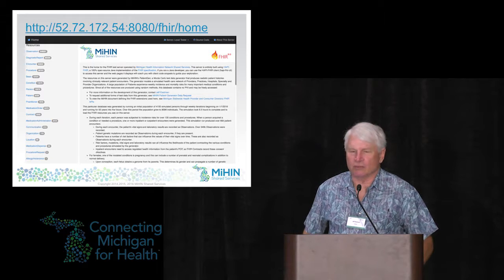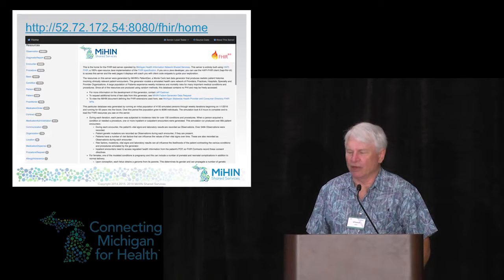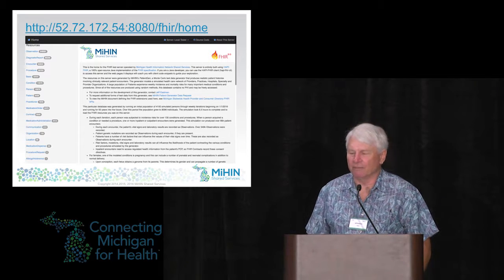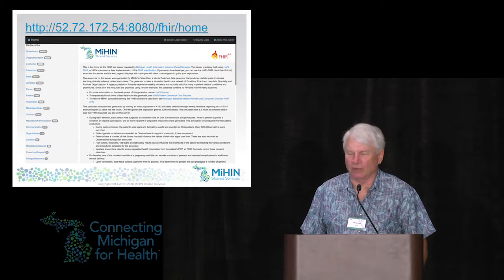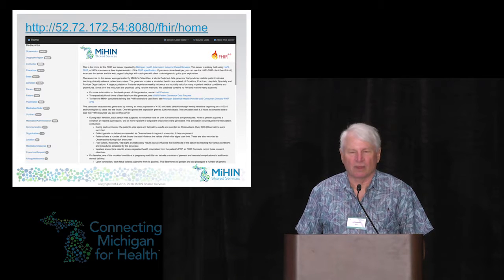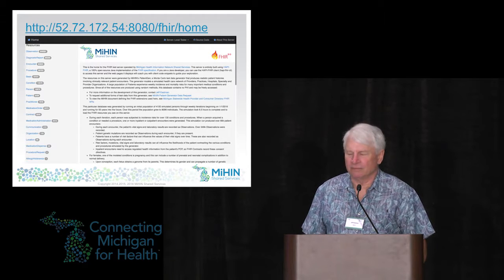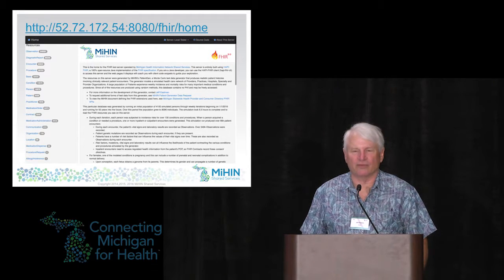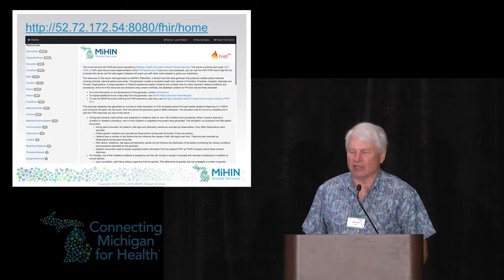You do want to go to this website, and I'm going to leave it up there for a while so that if you have a laptop, you want to go there. This is MiHIN's publicly facing HAPI-FHIR server, and it is populated with a couple 100,000 observations and patients and resources the Patient Generator has produced.